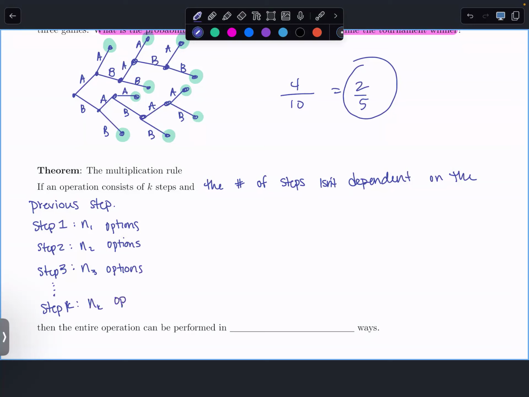Oh, it doesn't really matter. Okay. So if an operation consists of K steps, the number of steps isn't dependent on the previous step. So you got step 1, there are N1 options, step 2, N2 options, and so on. Then for the entire operation, you multiply all of those. So it happens in N1 times N2 times N3 times ... times NK ways.